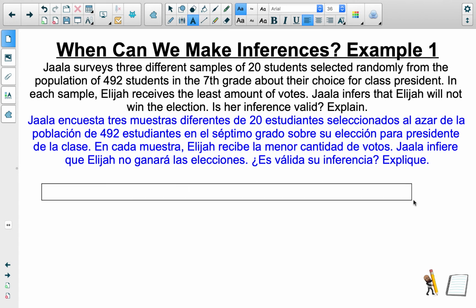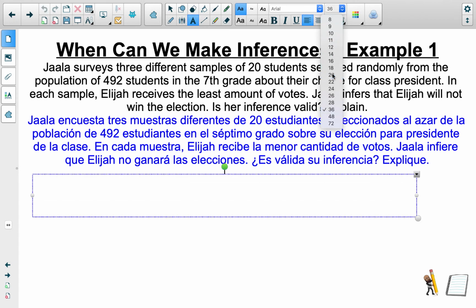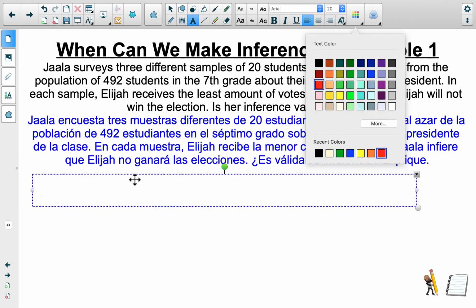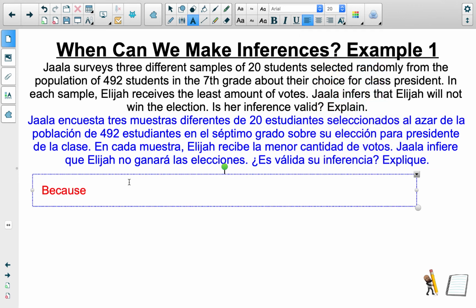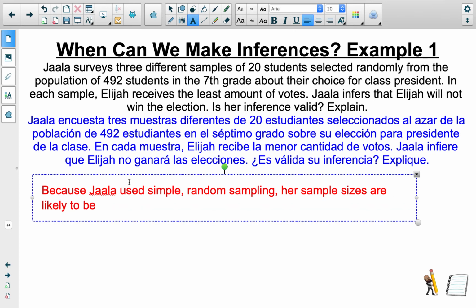So, let me make it smaller, be clear, and put this in words in your notebook. Because Jayla used simple random sampling, her sample sizes are likely to be representative of the population.